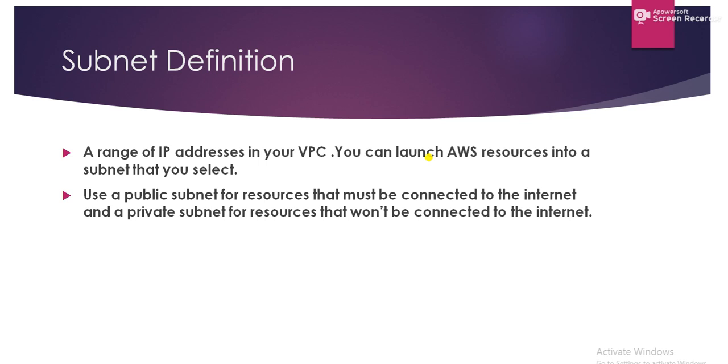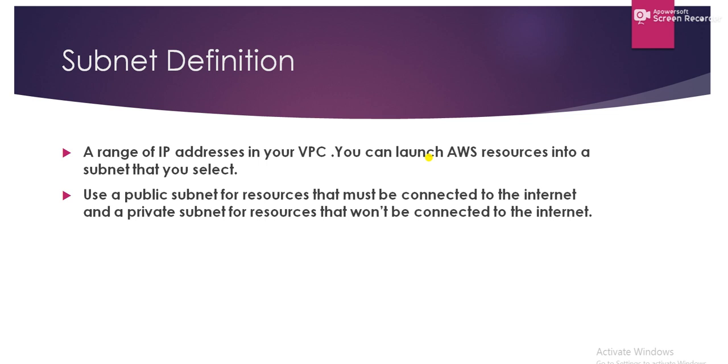So a web server is generally launched in a public subnet, so that the end user will connect to the instance through the internet. But the web server will talk to the database. Okay, that is internal communication, so the internet is not needed. So there is the private subnet and the public subnet.